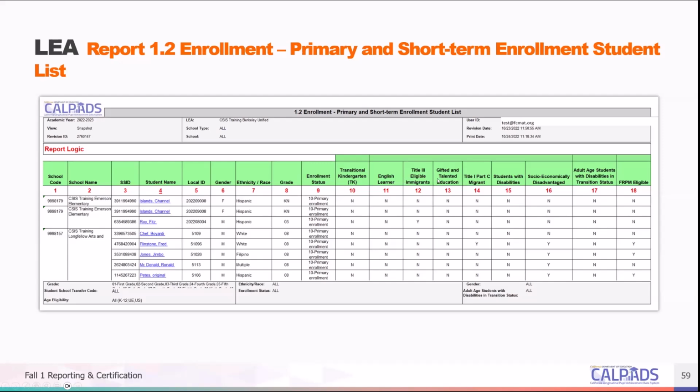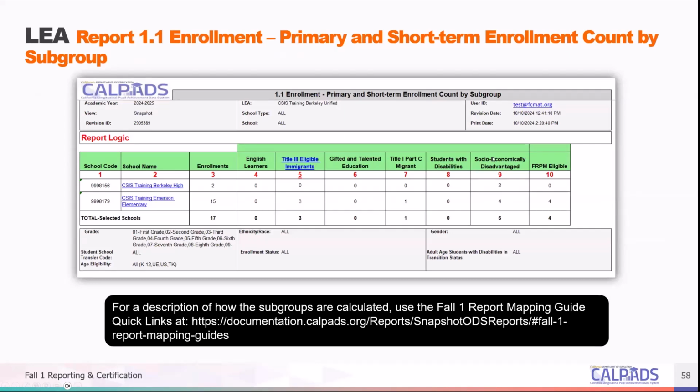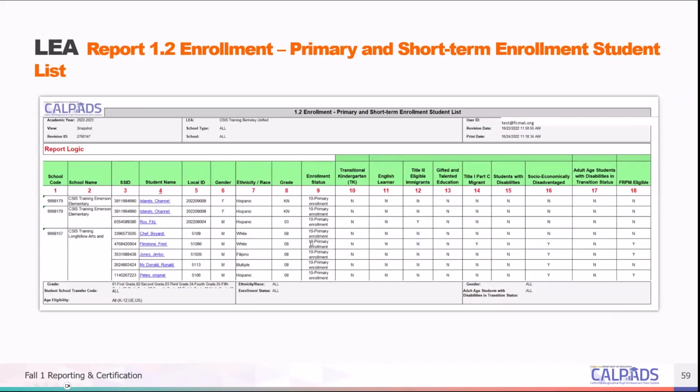And then here are the categories that are featured in 1.1. The same student categories, except this report names the student. So if there's a count that's off or a little bit inflated, you can identify students and determine whether or not the data was correctly reported for those students.